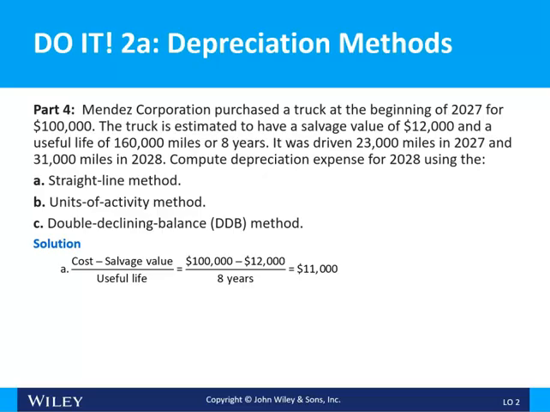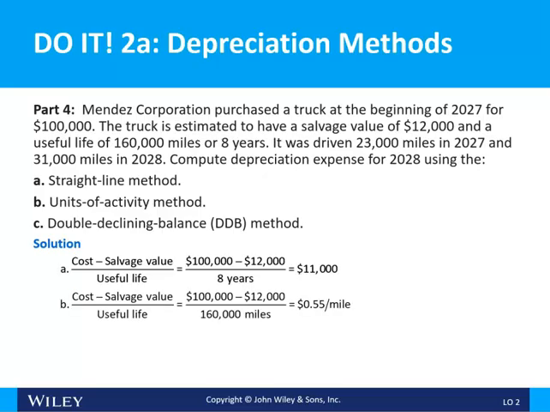If we look at the units of activity method, cost minus salvage value divided by useful life again, the 100,000 minus 12,000, it's 88,000. In this case, the useful life is in terms of activity or miles. So the 88,000 divided by 160,000 miles is 55 cents a mile.